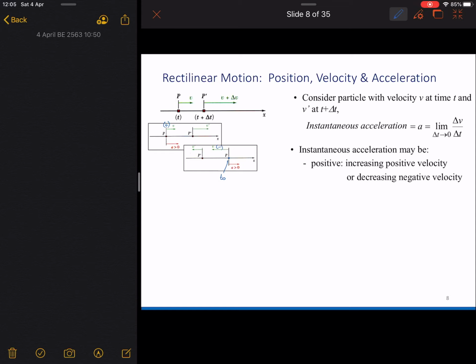But if the velocity is negative and the acceleration is positive, in the next second at t1, we will get less magnitude of the velocity, okay.